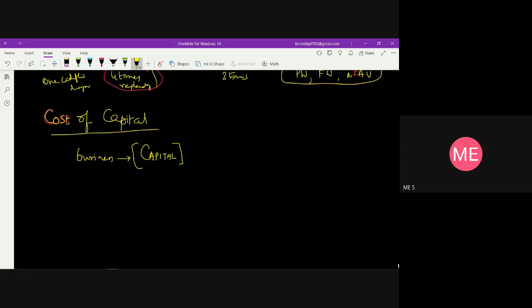So here it is both fixed capital as well as working capital.